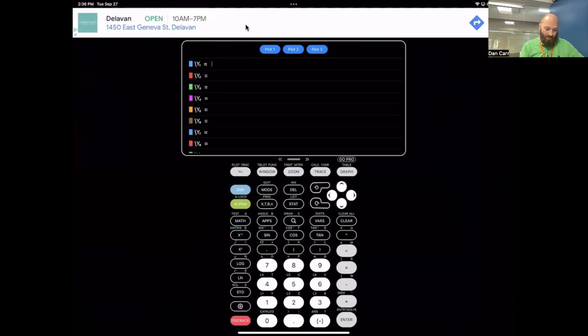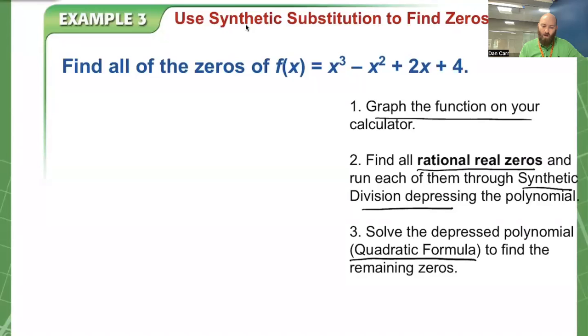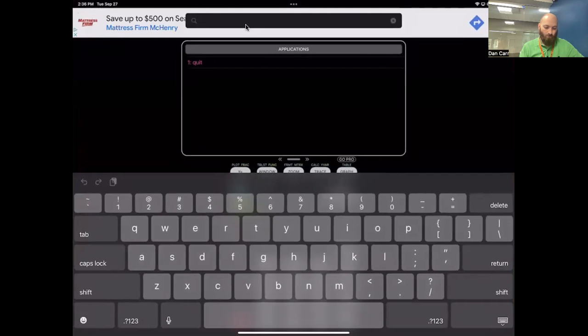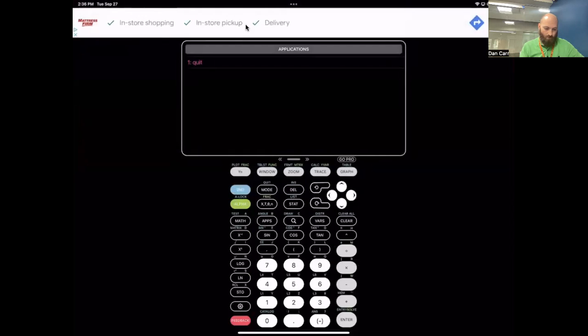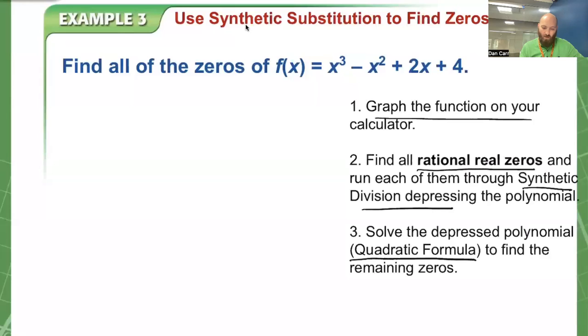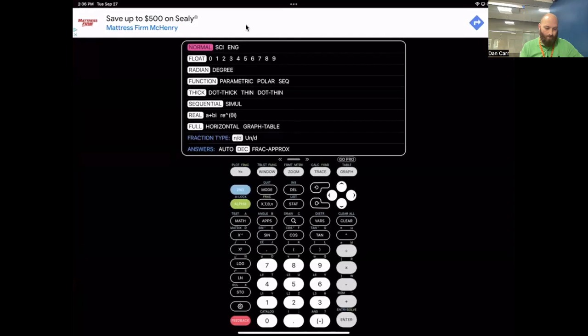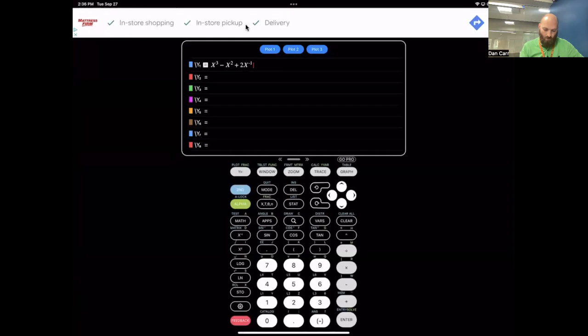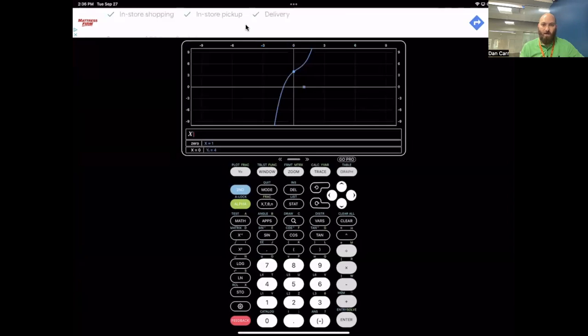That was x raised to the third power, minus x squared plus 2x plus 4. Okay, so we go to our graph right there.